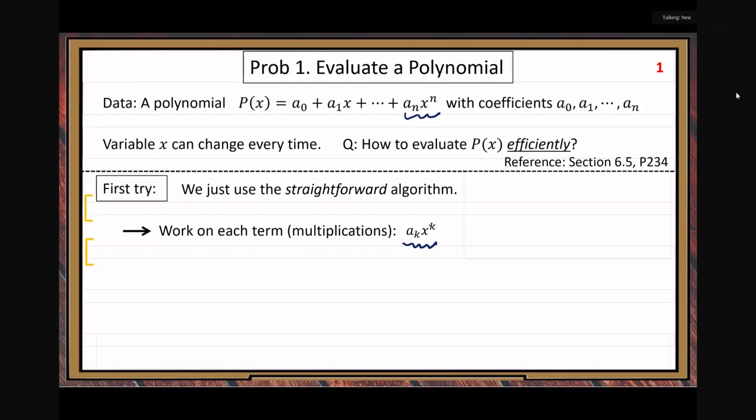You do not know the exact number. Can you find the number of multiplications in terms of k? Think about that. Anyone want to try? Number of multiplications. Think about that.